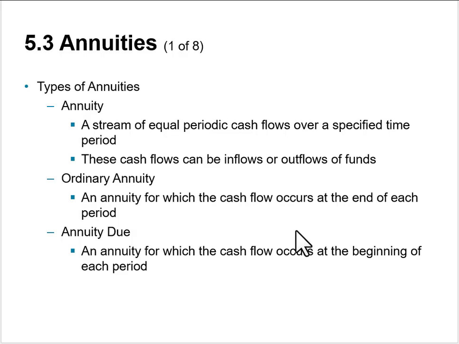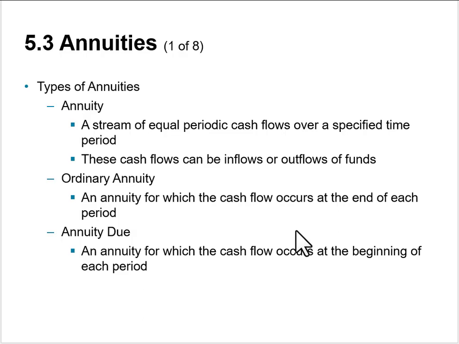So the problem is going to have to state that. It'll say something like, we're going to start investing today. That tells us the way. Since it starts today, that's an annuity due. Now, in the Excel sense, there's a type, and that type is either a 0 for an ordinary annuity, or a 1 if it's an annuity due.